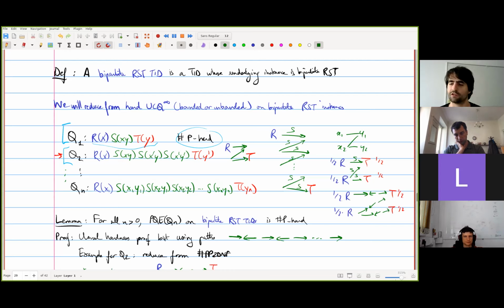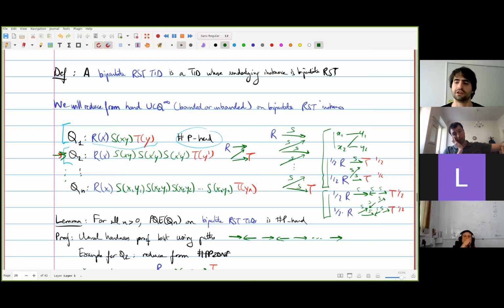And all of these edges have probability 1, like in the other reduction. So I hope it's clear that if you understood that part of the reduction from counting satisfying assignments of this PP2 DNF formula to counting possible worlds here that satisfy the query, it's the same as counting the possible worlds here that satisfy the query Q2.